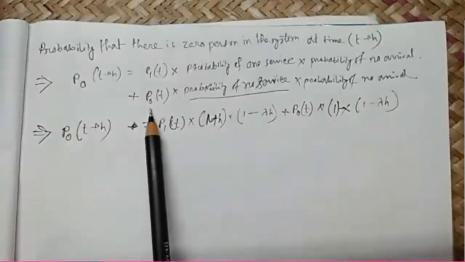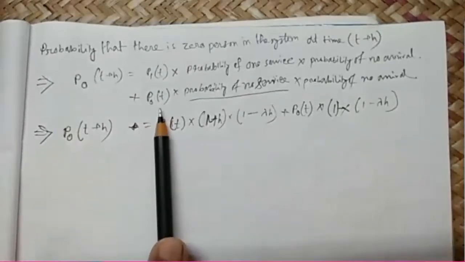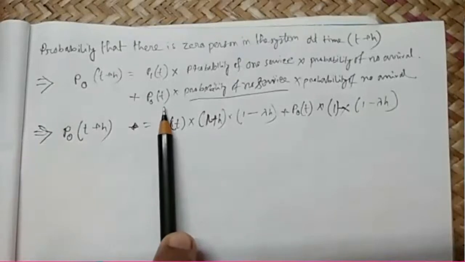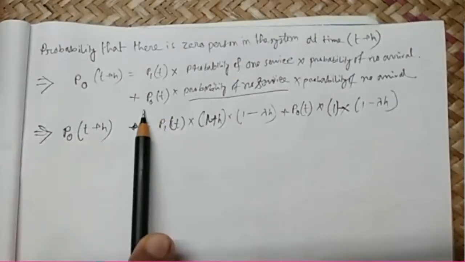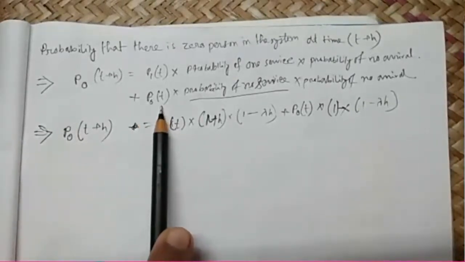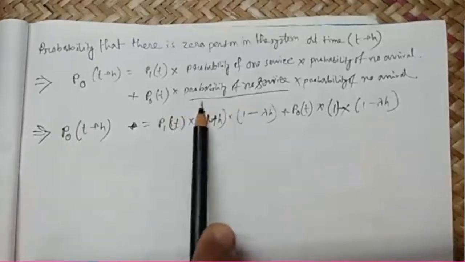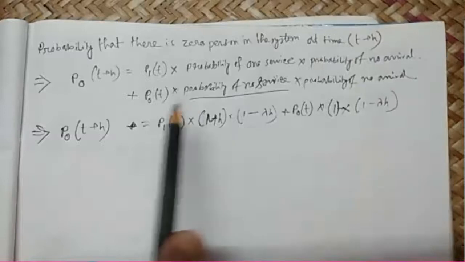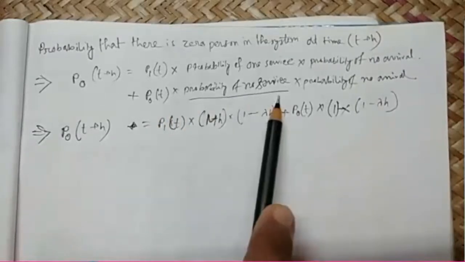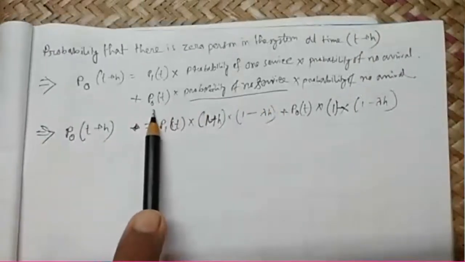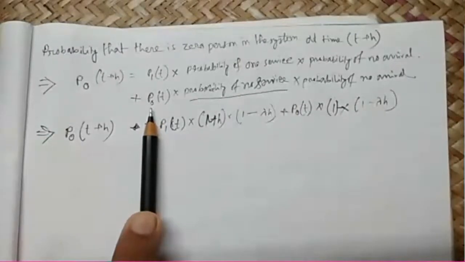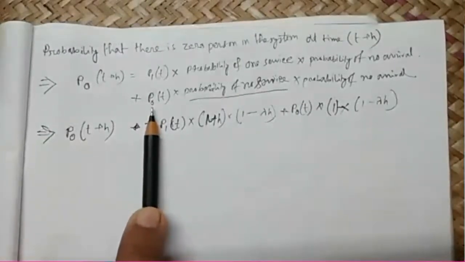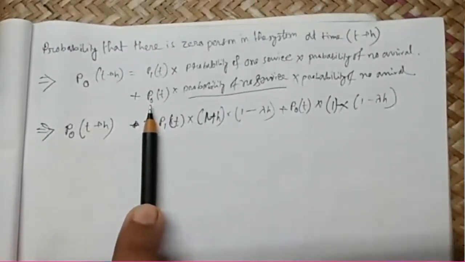Now we assume there were 0 persons in the system, with probability P0 at time t, into the probability of no service into the probability of no arrival. If there are 0 persons in the system, of course there will be no service because there is no one to service.